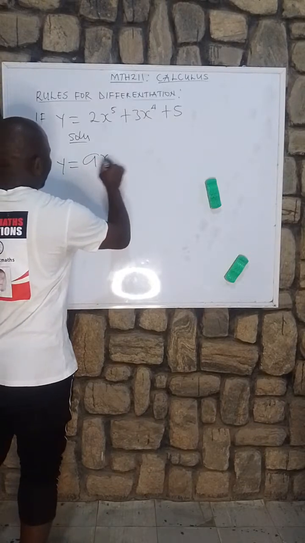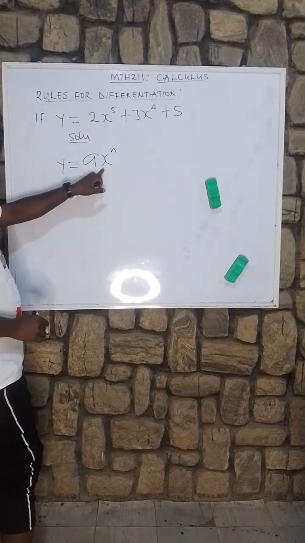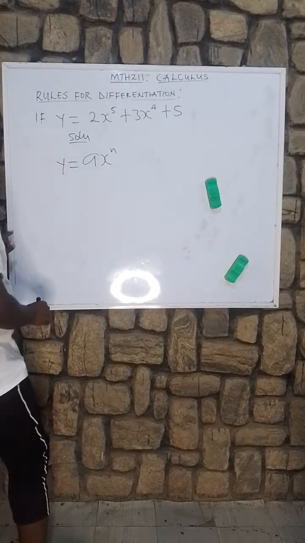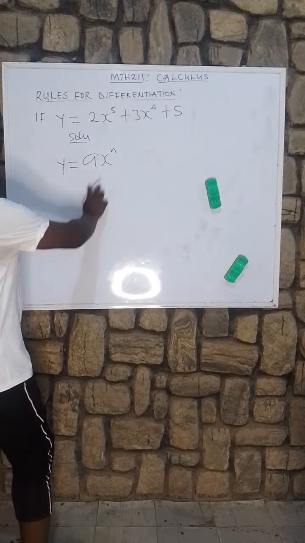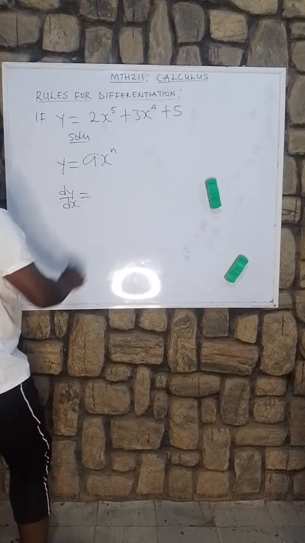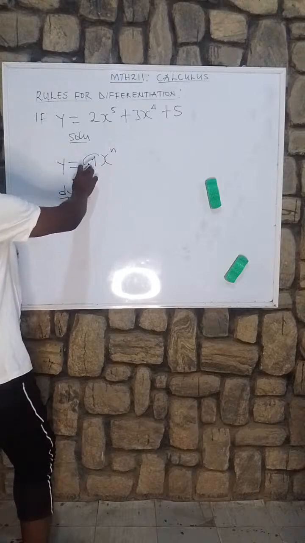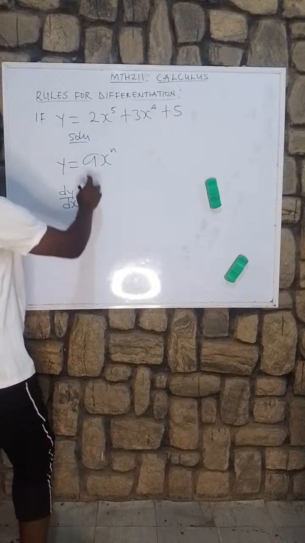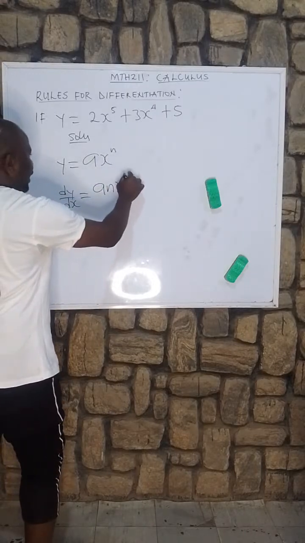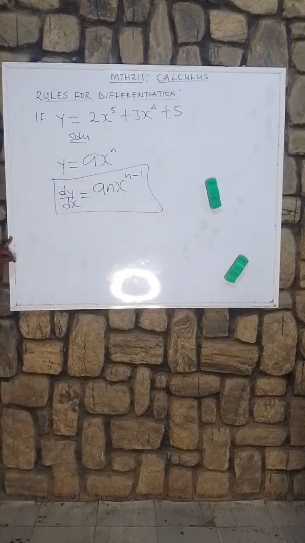Mathematically, if we have ax raised to the power of n, and we want to obtain the formula of differentiation, this is the dependent variable, this is the independent variable. So dy all over dx is equal to: use this power, what is here? N. Use it to multiply what is here? A. So you are going to have x raised to the power of n minus what? 1. This is the formula for differentiation.